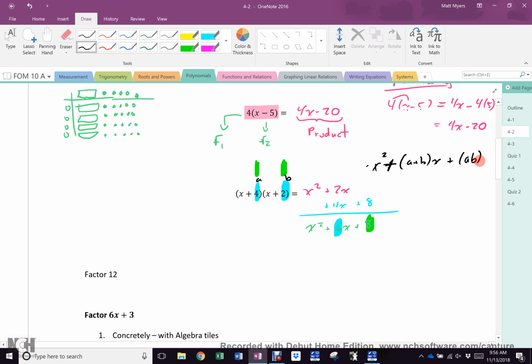All right. Now, here's what you have to know. Factoring is the reverse, not inverse, reverse. All right?